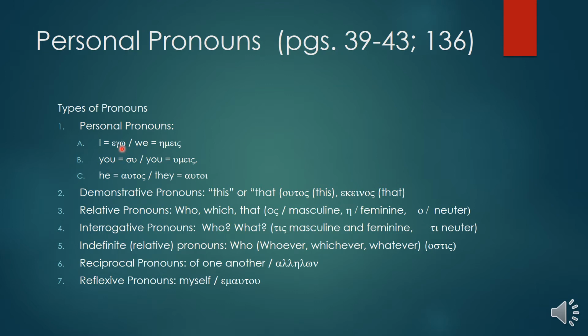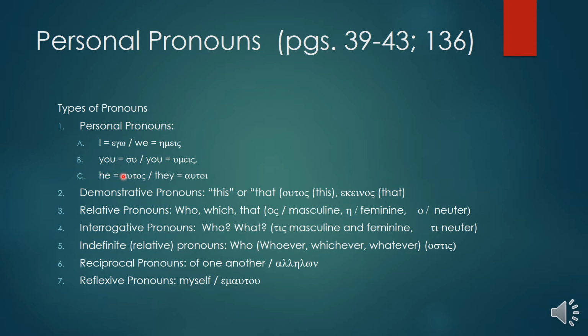Ego for I is Greek. I is ego. The plural of the first person pronoun we is hemeis in Greek. You, the Greek word for the second person pronoun, is su. The second person plural pronoun you in Greek is humeis. He in Greek, third person pronoun, is autos.